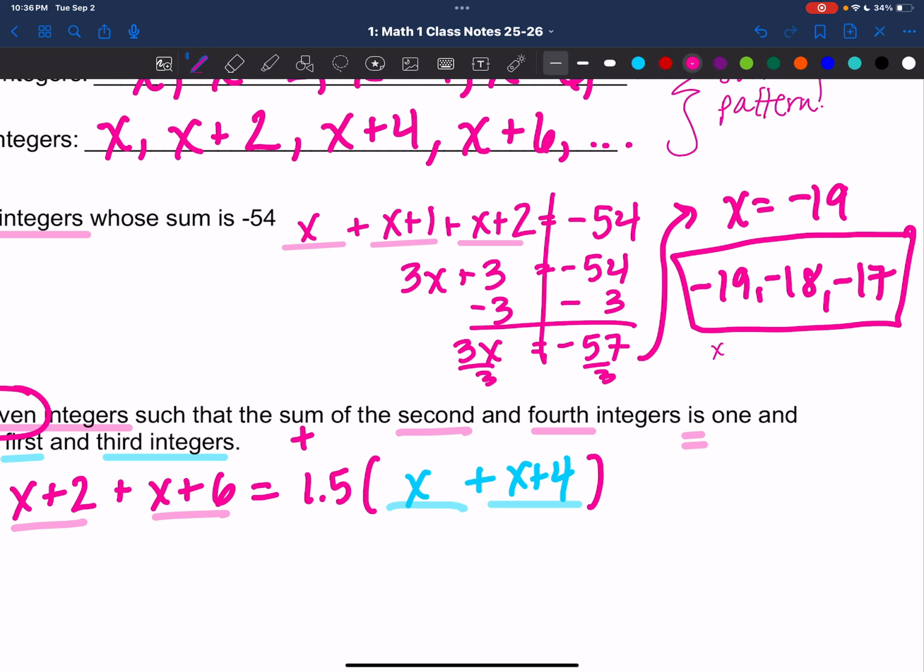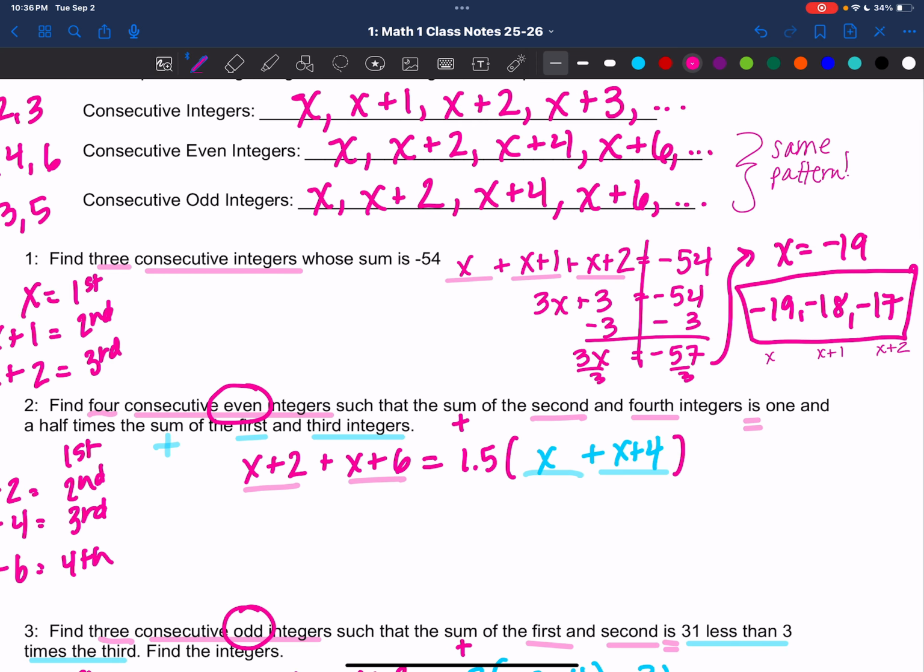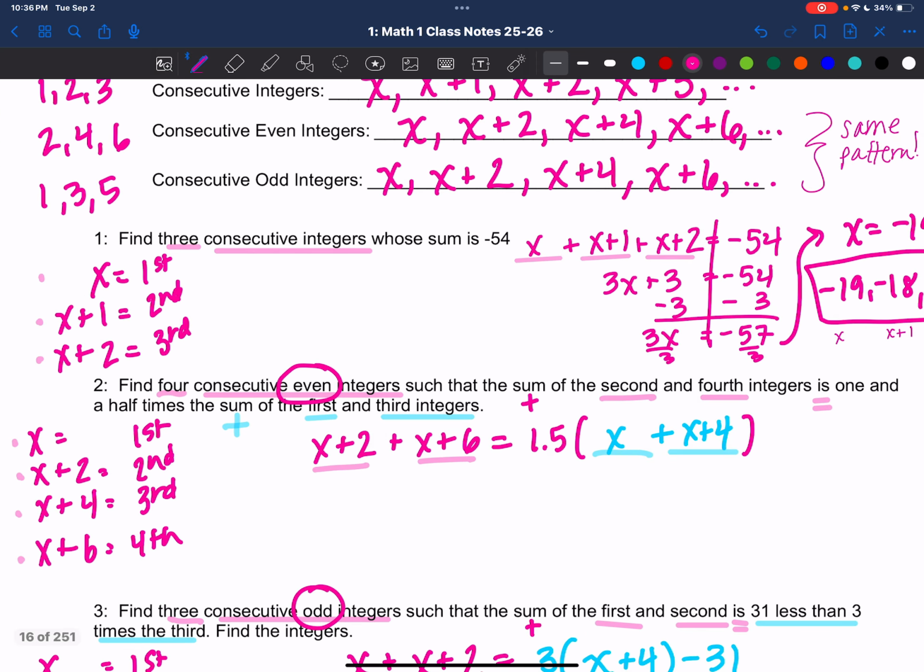So negative 19 is x, so to get to negative 18, this would be x plus 1, and this would be x plus 2. All right, so same thing, or you could just substitute it into here, negative 19 plus 1, and negative 19 plus 2.